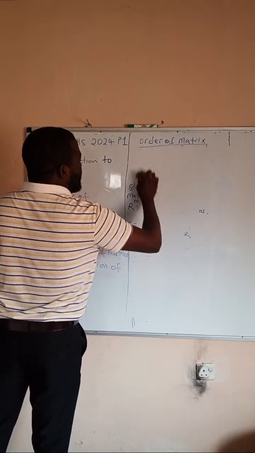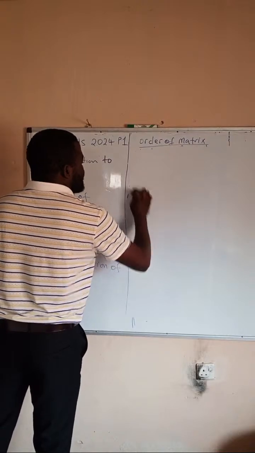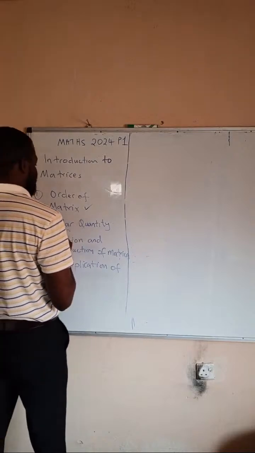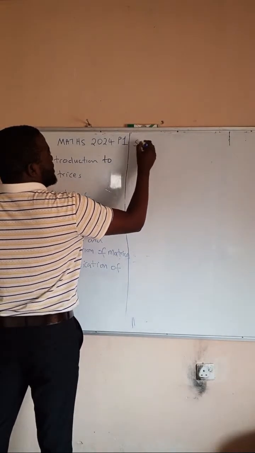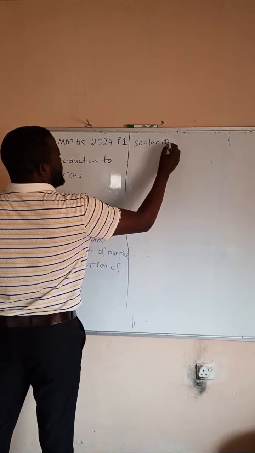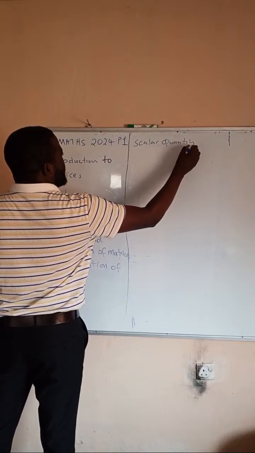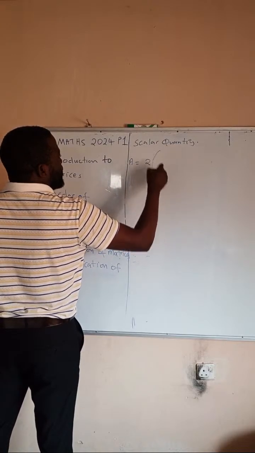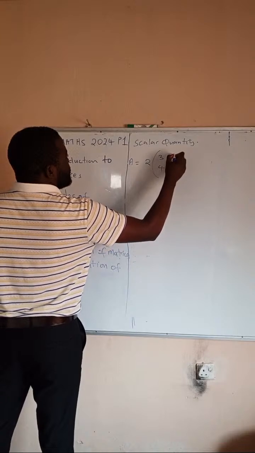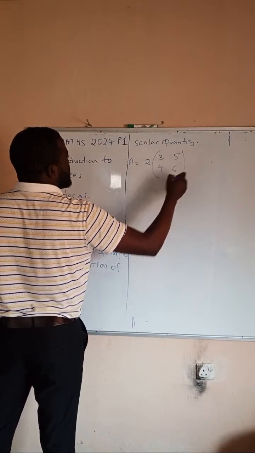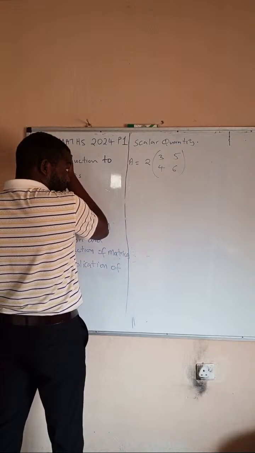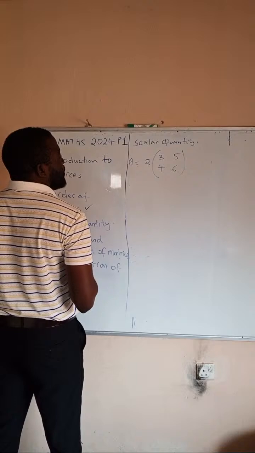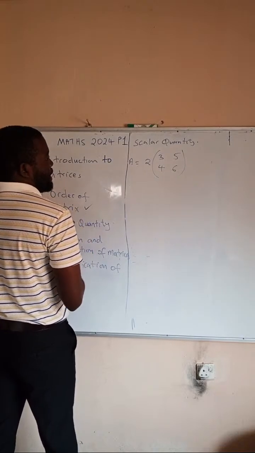Now let's look at scalar quantity. If they give you matrix A, let me put it like this so that I help you to understand.